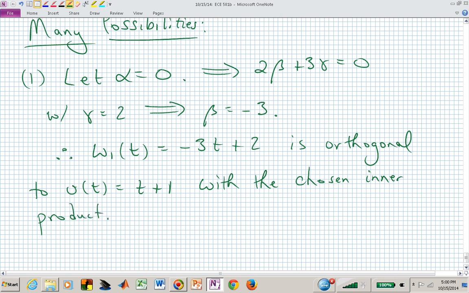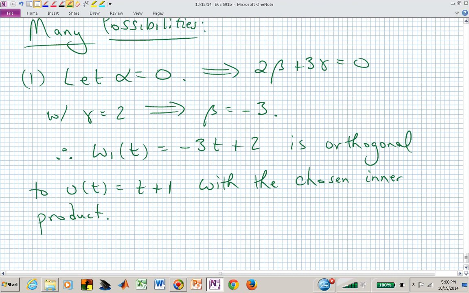And maybe that's not what you were directing before with your hands, as far as maybe I wouldn't have guessed that particular choice, minus 3t plus 2 being orthogonal.